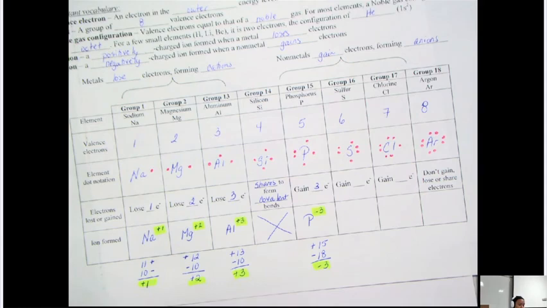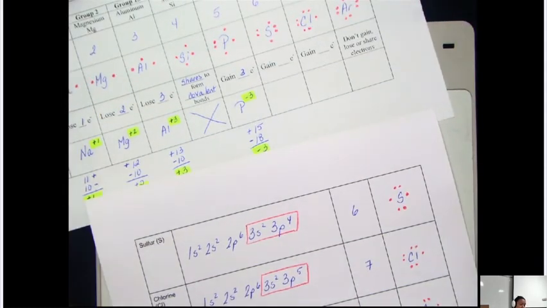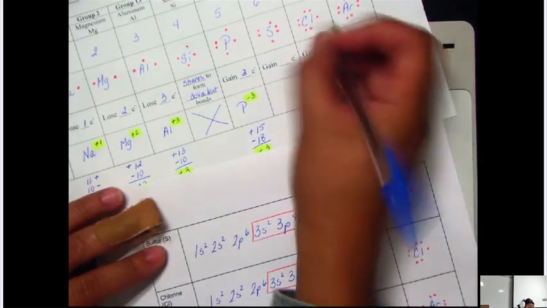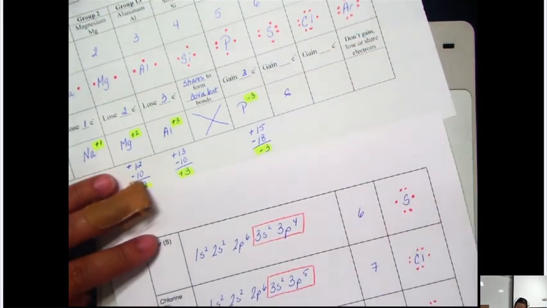Let's look at group 16, sulfur. Sulfur has, let me go ahead and put the symbol down.